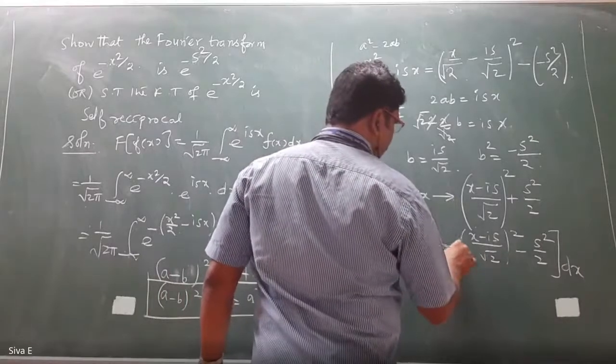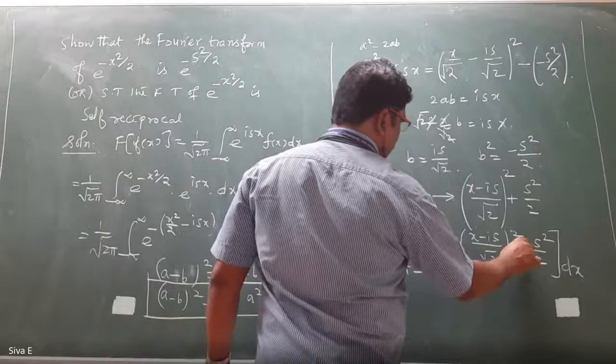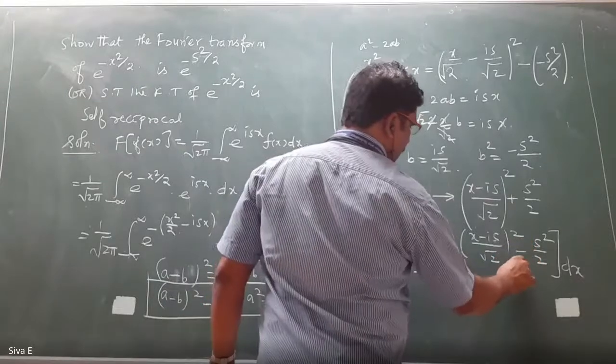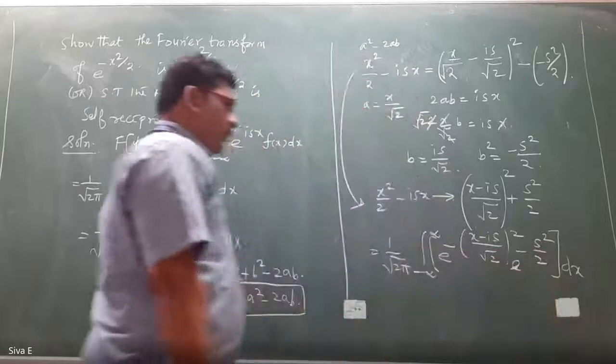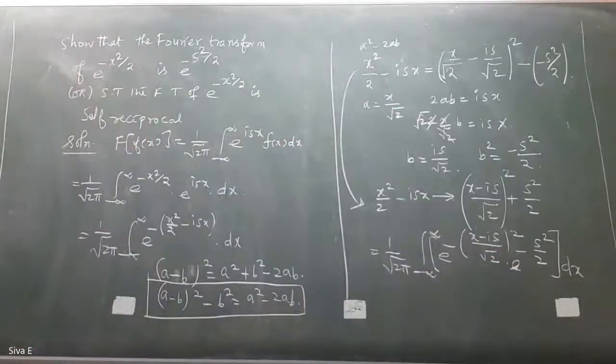Here the power of e is actually plus, so I can write e power minus s square by 2. I split e power.